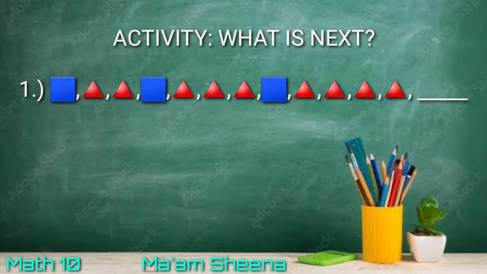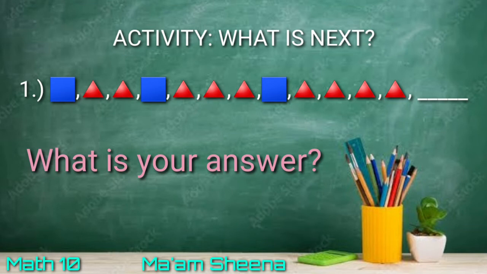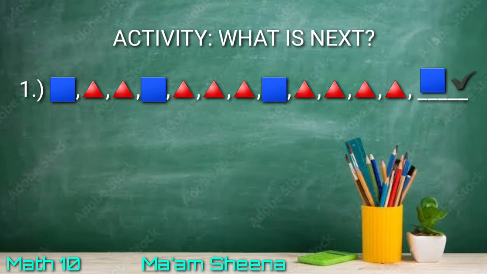So for number 1, if you can notice, we're going to have shapes, the squares and the triangles. You're going to have 1 square, then 2 triangles, 1 square, 3 triangles, a square, 4 triangles. So what will be the next term? So what is your answer? Yes, the correct answer is a square.